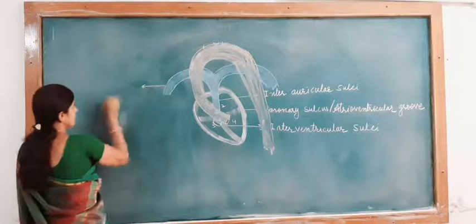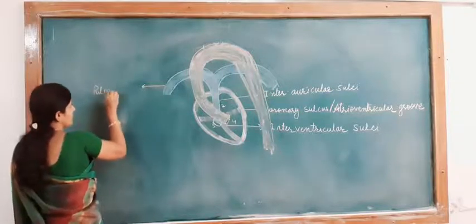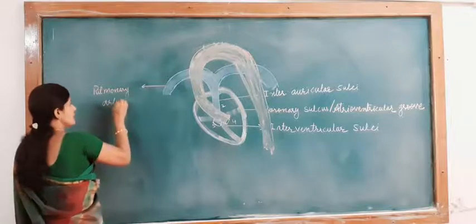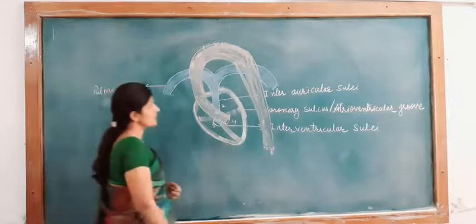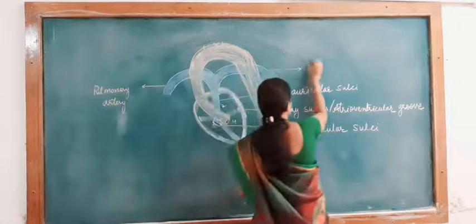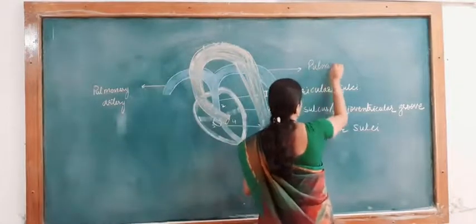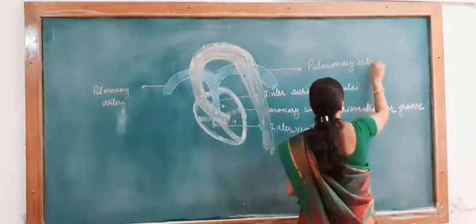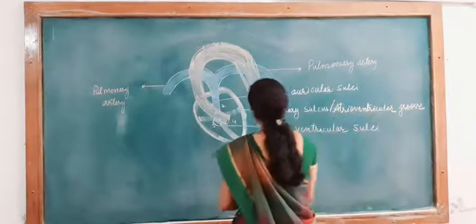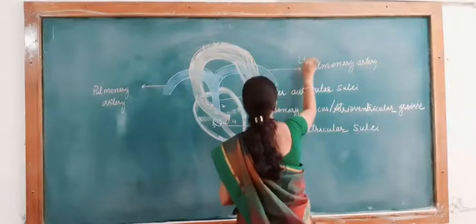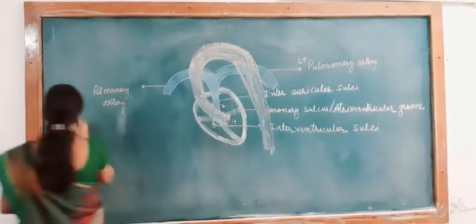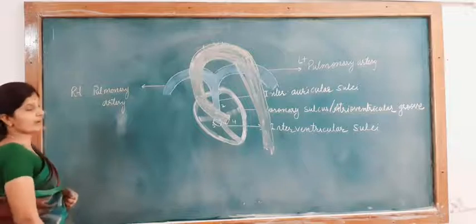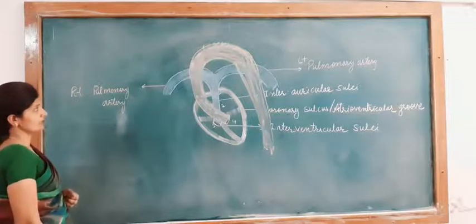This one is the pulmonary artery. This is also a pulmonary artery. This is the left, and this one is the right. The right pulmonary artery and left pulmonary artery go towards the lungs.